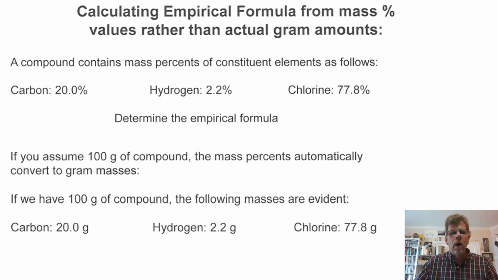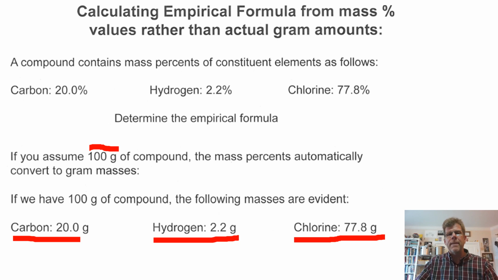If we assume 100 grams of compound, the mass percents automatically convert to gram masses. 100 grams, 20% of that is 20 grams of carbon. We can do that. So now we convert hydrogen to 2.2 grams instead of 2.2%. Chlorine, 77.8% of 100 grams is 77.8 grams.